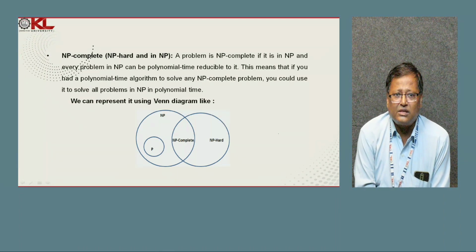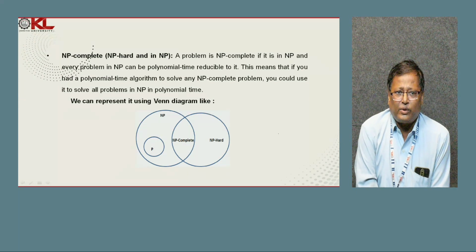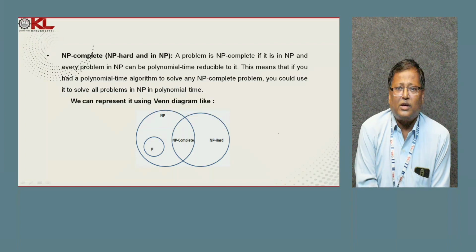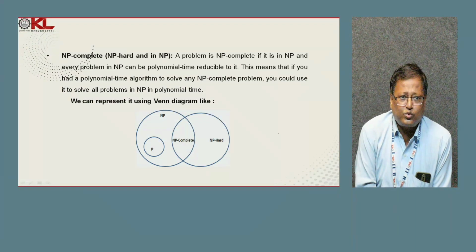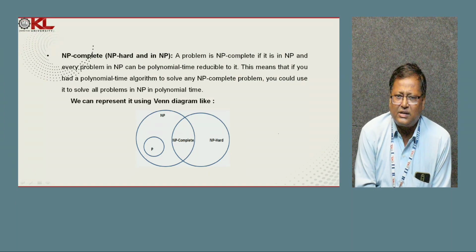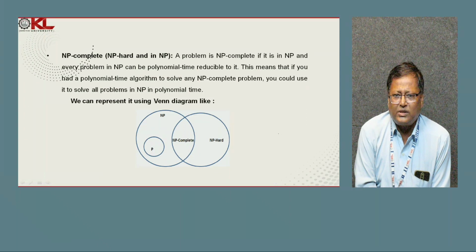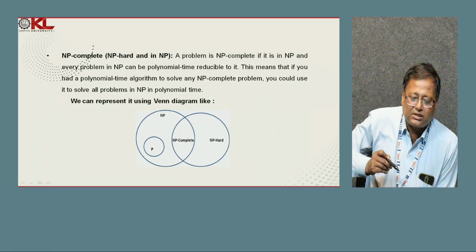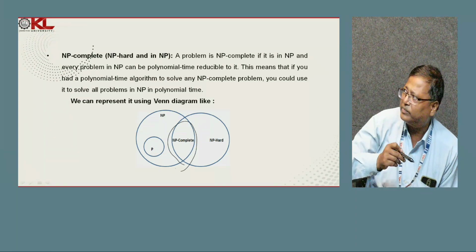This means if you had a polynomial-time algorithm to solve an NP-complete problem, you could use it to solve all problems in NP in polynomial time too. In the Venn diagram, all problems in NP are reducible to NP-hard, and if some problem is also in NP, it is known as an NP-complete problem.